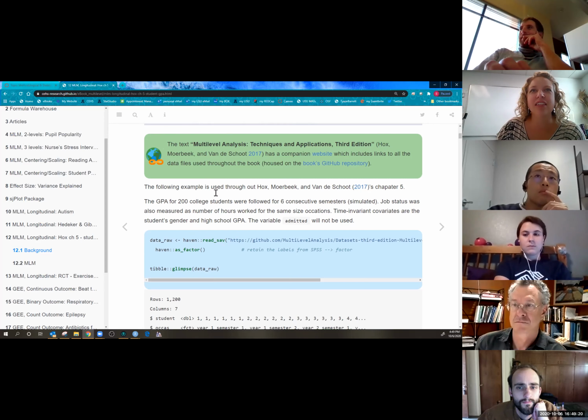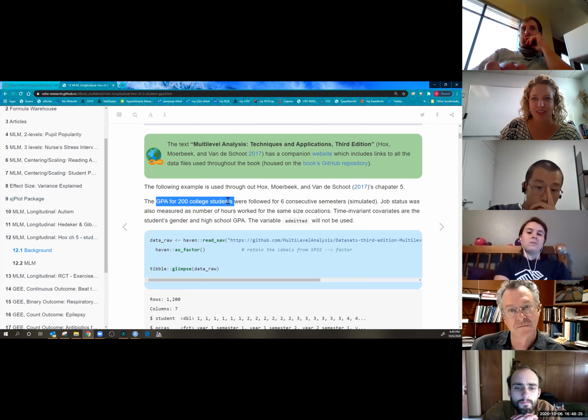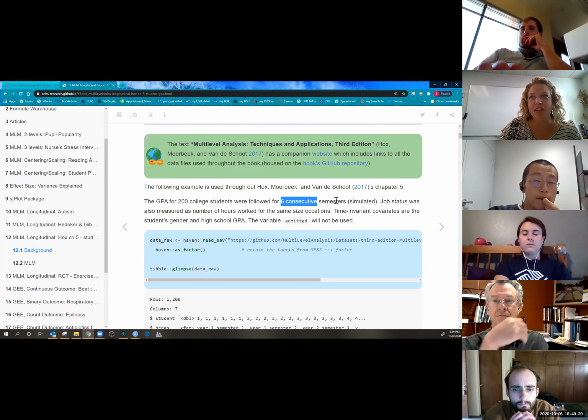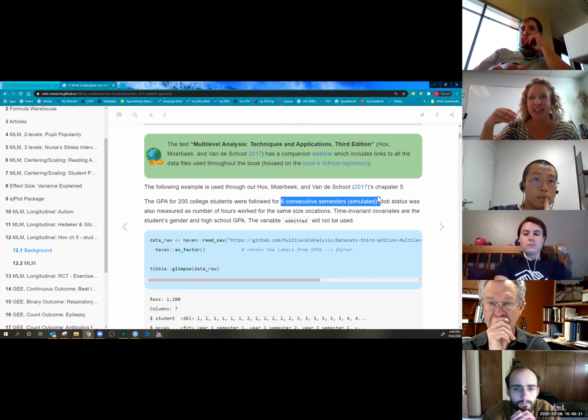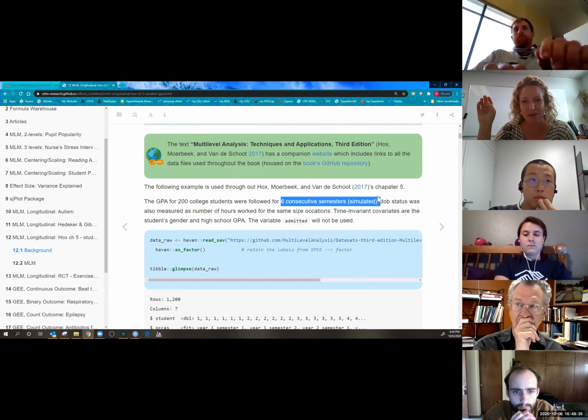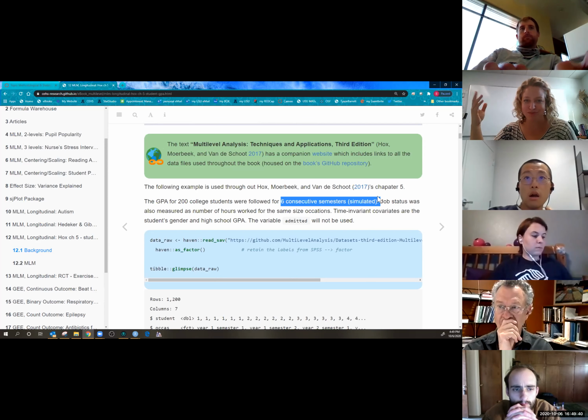So this is looking at the GPA of 200 college students. The multi-level part is that each student is followed for 6 consecutive semesters. This is simulated fake data so that it behaves nicely, but it's based on some past research.